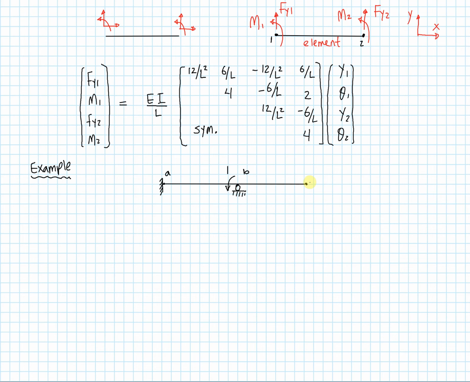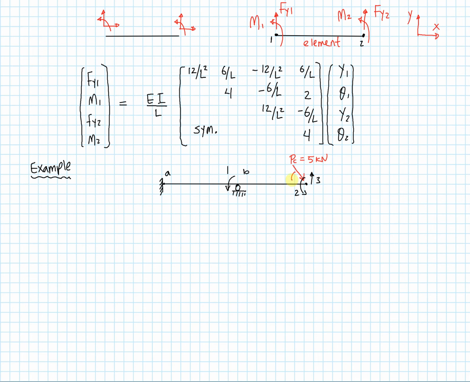And over here I have 2 local degrees of freedom. So I have the vertical component, and I have this rotation here. Let's call this 2 and 3. And the forces that I have are as follows. I have a diagonal force going down here. Its magnitude is equal to 5 kilonewtons.